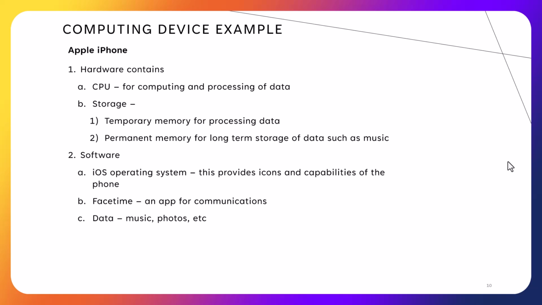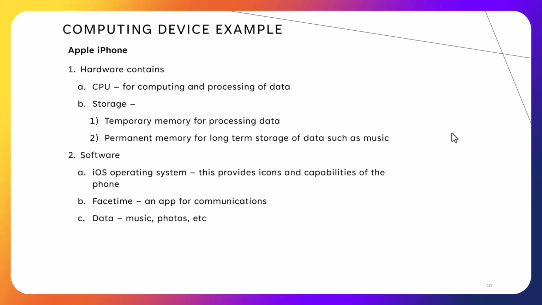As an example of our basic computing device, we have an Apple iPhone. And this as easily could have been a Windows workstation or a Linux workstation or a Macintosh. But the hardware contains the CPU, again for our computing and processing. Storage: we're going to have some RAM memory in there, along with permanent memory that will store our data and our music.